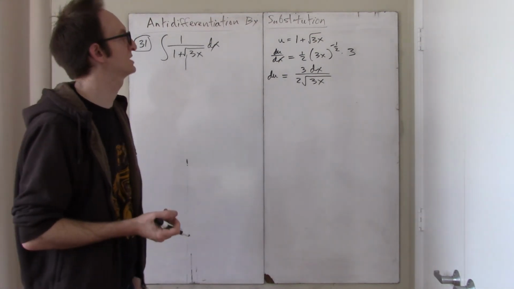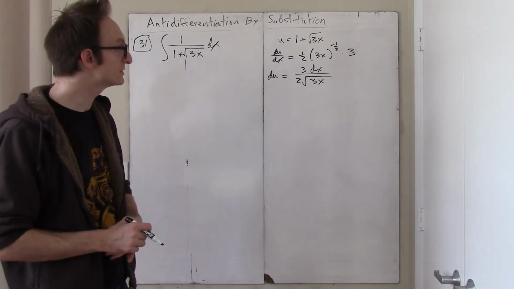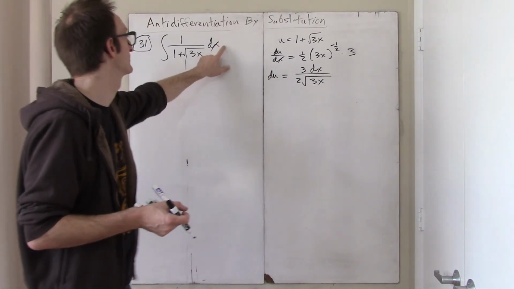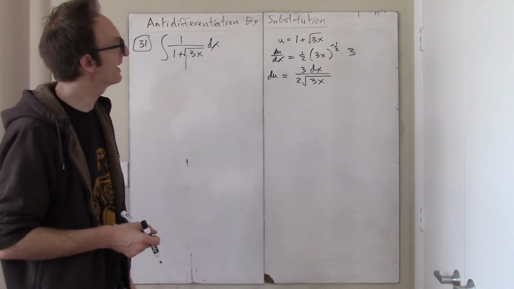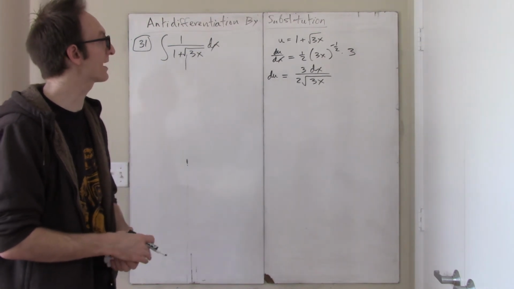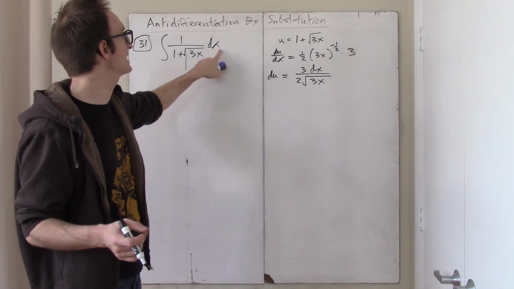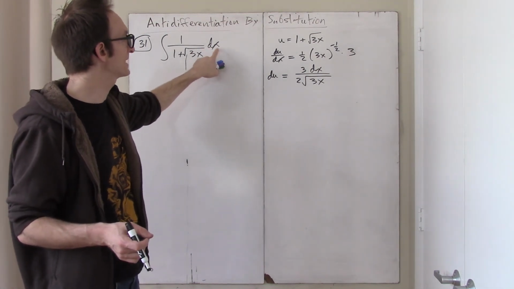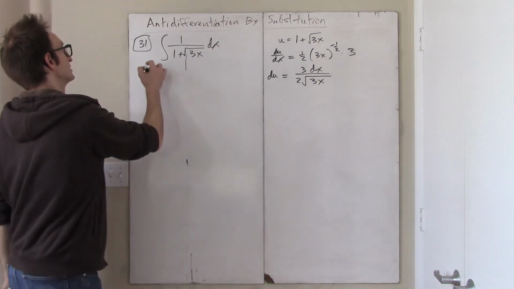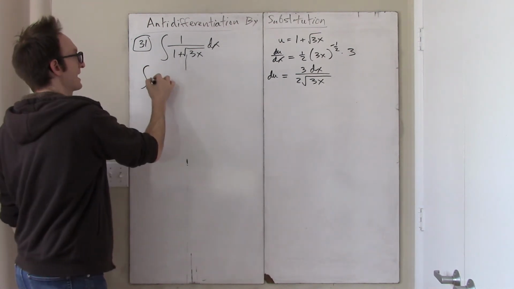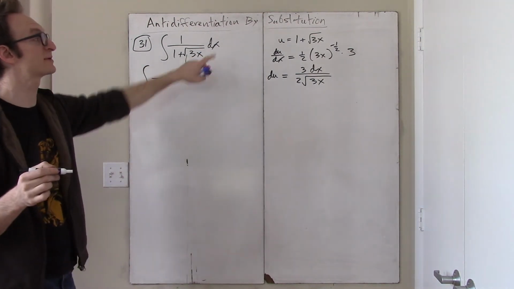But now I'm confused because I don't have this in there. At this point, though, I don't despair. Instead, I just solve for dx, because I ultimately would like to rewrite this antiderivative in terms of u's.